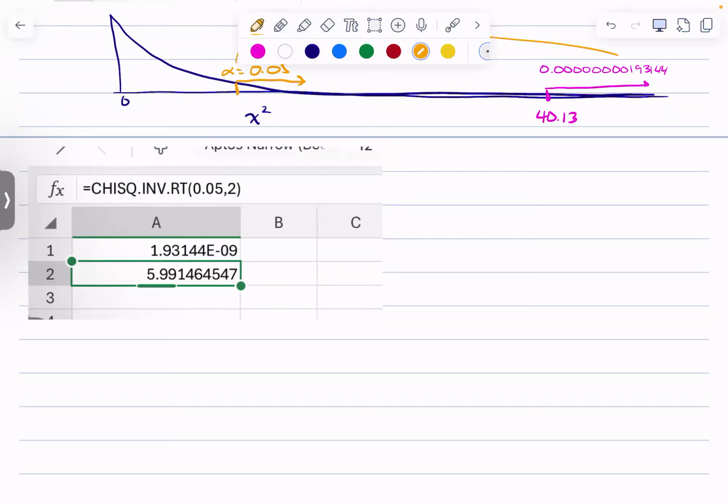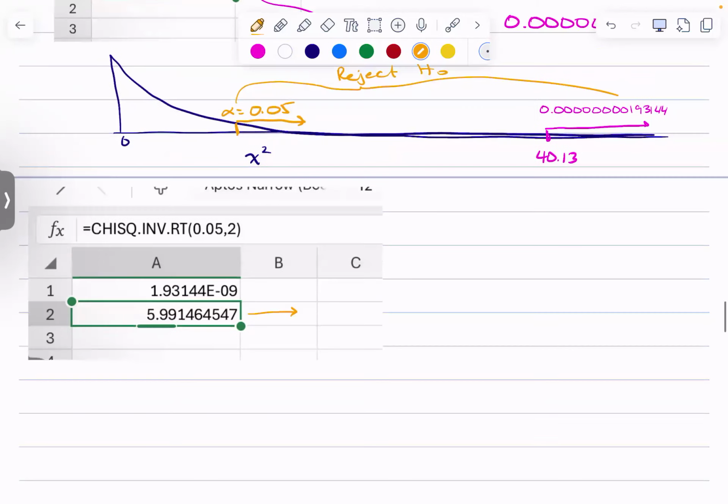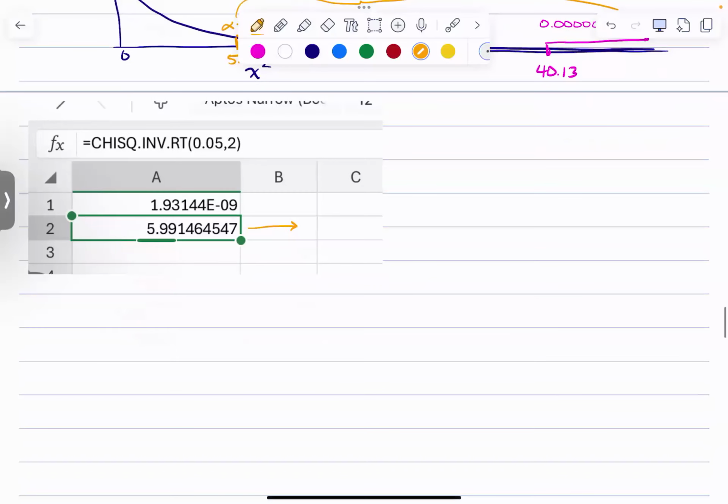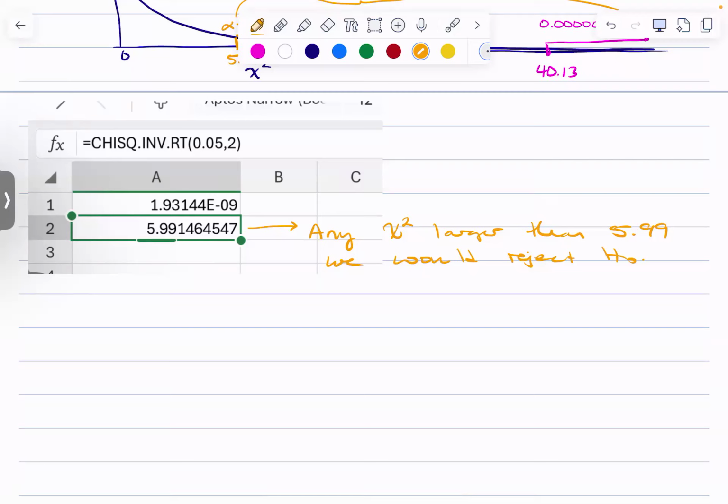This tells me that this chi squared would be roughly at 5.99. Any chi squared larger than 5.99, we would reject H naught. Kind of two ways of doing the same thing.